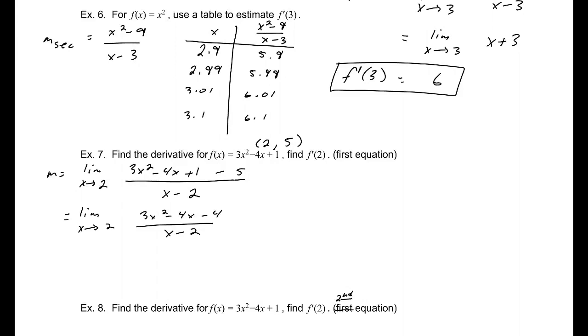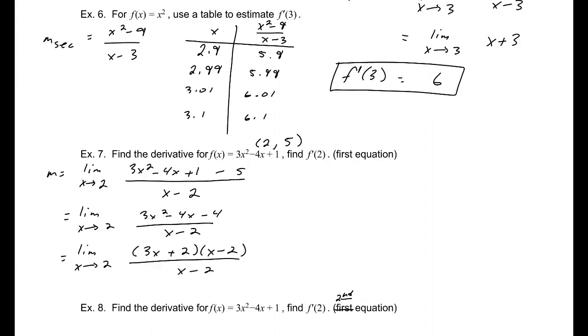That'd be 12, so 2 and 6. I believe this is going to factor. That is going to be 3x plus 2 times x minus 2. Let's see if that works: 3x squared, negative 6x plus 2x. Okay, that factors.